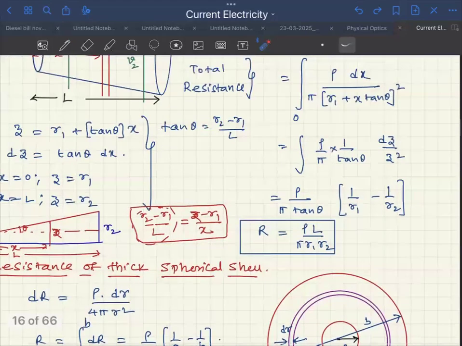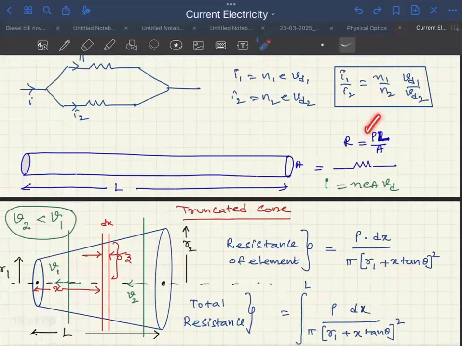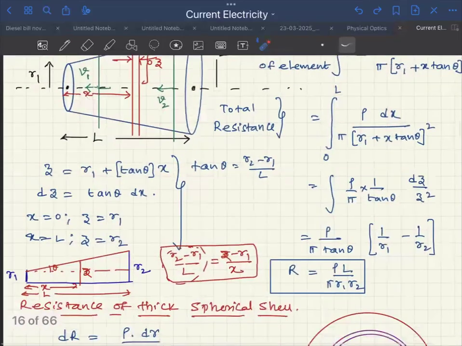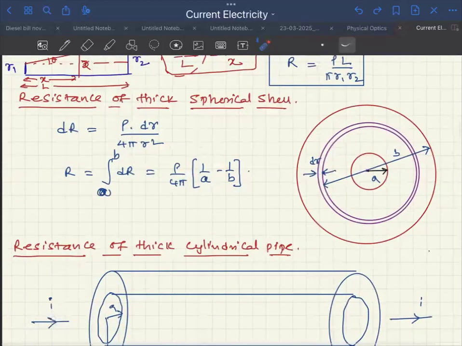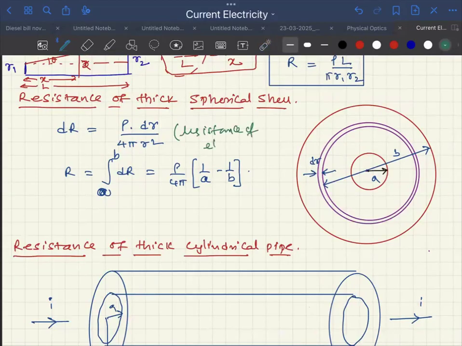General formula: resistance equals rho into L by A. Here in this case, what do you mean by length? dr is the length. What is going to be the surface area? 4 pi r square is the surface area. So the resistance of this elemental shell is this.